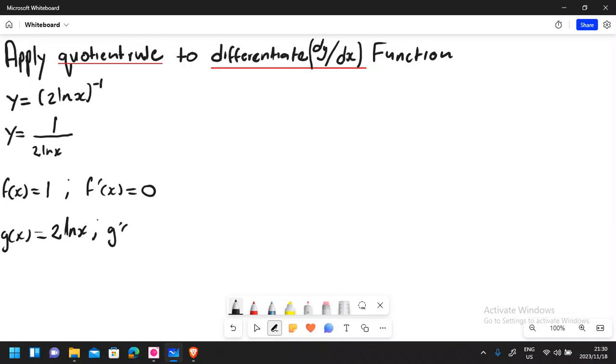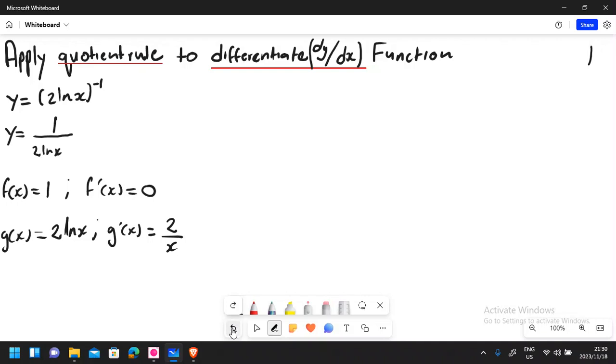If we find the derivative of g of x, this is going to be 2 over x. If you don't understand where this comes from, the natural log, there's a video explaining the natural log general formulas to differentiate, even the one for the f of x there. So I'm going to try to put both of them on top there.